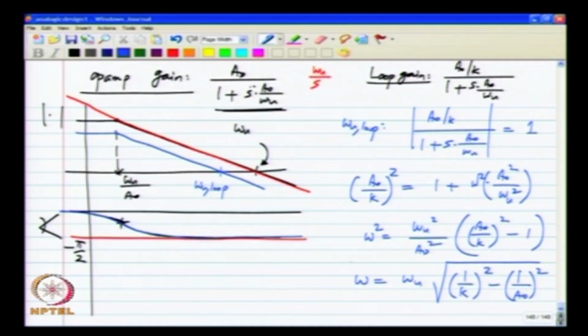I will further rewrite this as omega equals omega u by k times square root of 1 minus (k by a naught) whole square.